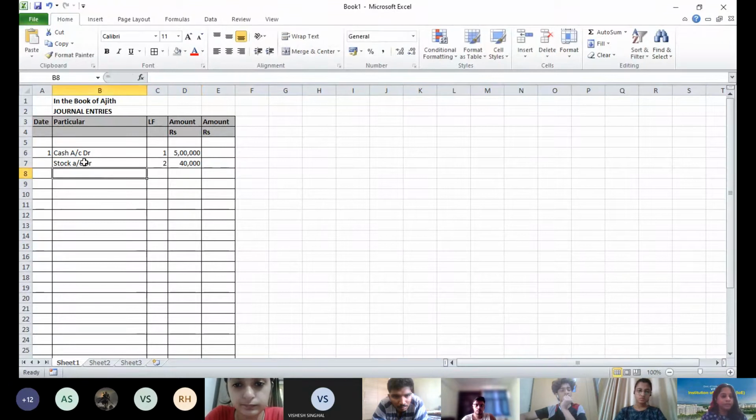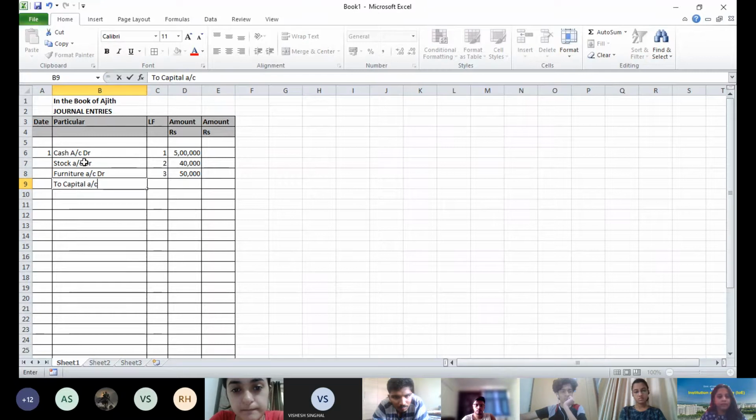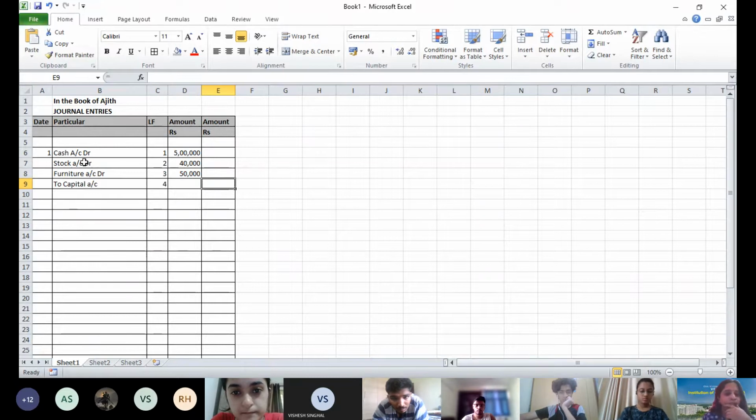Yeah, so the next one is he bought furniture. Furniture account debit. How much is it? 50,000. To capital account. How much is the total? 5 lakh 40 plus 5 lakh 50.